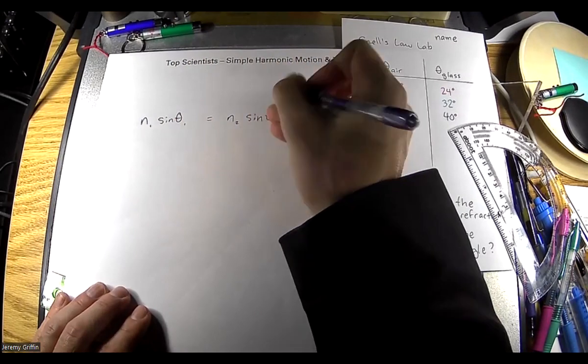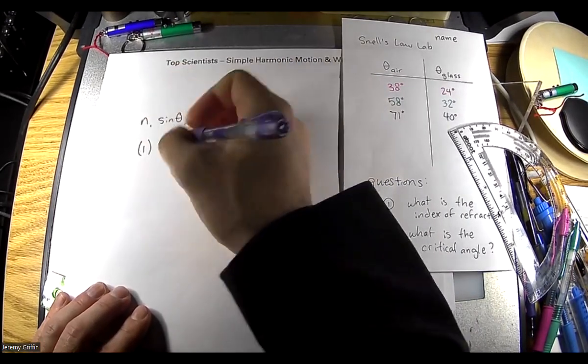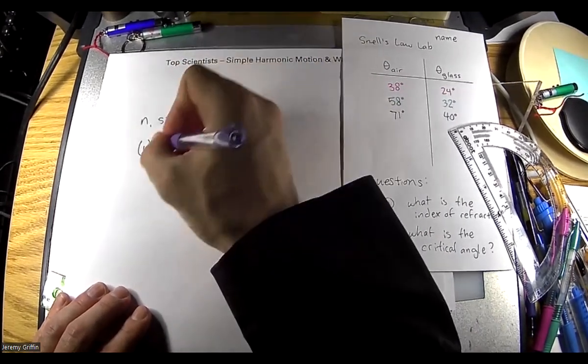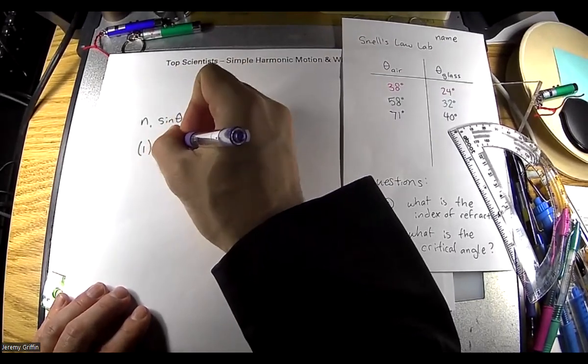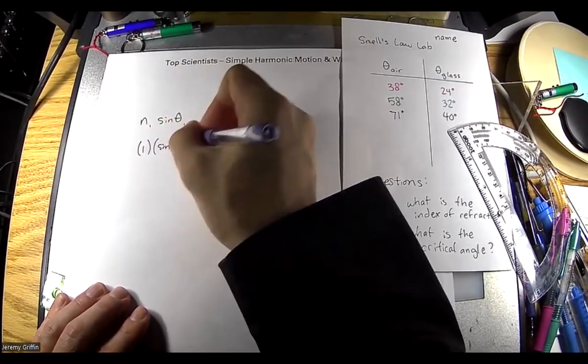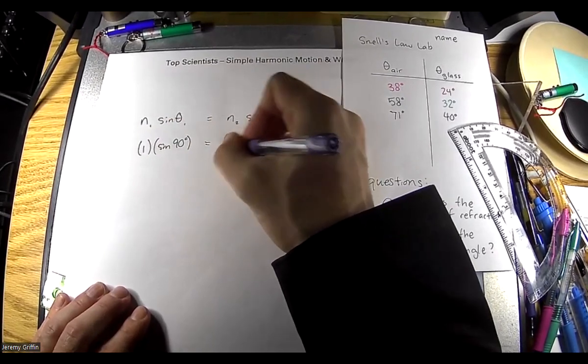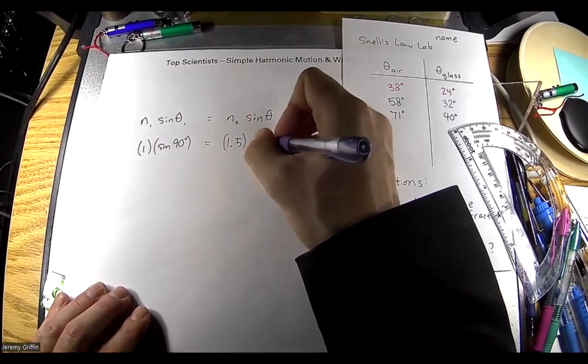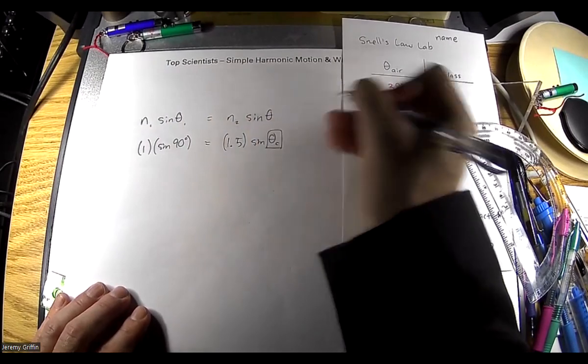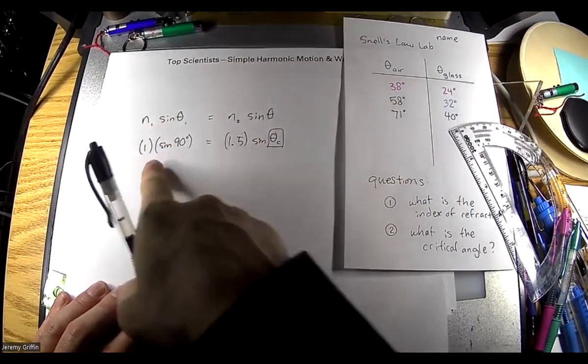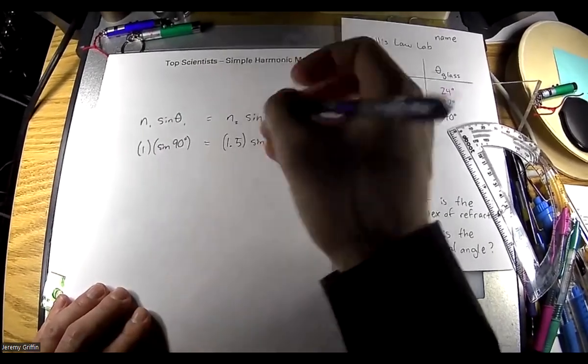On the side of the air, we're talking about where the angle goes to 90 degrees. Guys, what is sine of 90 degrees? 1, right? And then glass, we just found, so let's pop that in as 1.5. Sine of theta critical. Let's solve for theta critical. Everything on the left side is just equal to 1, 1.5 times sine theta critical.